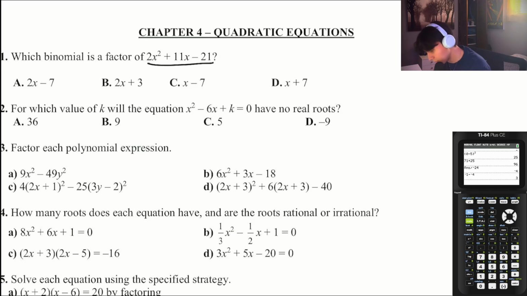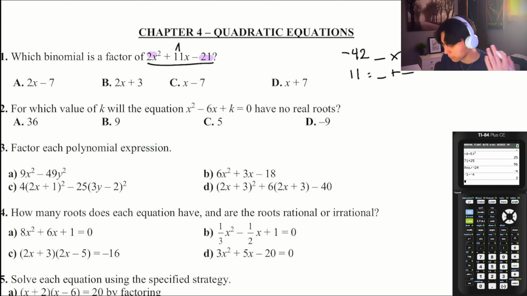So we're going to get 2 terms that multiply to -42, and we're going to get 2 numbers that add to 11. So what are 2 numbers that are going to multiply to -42 but add to give us 11?